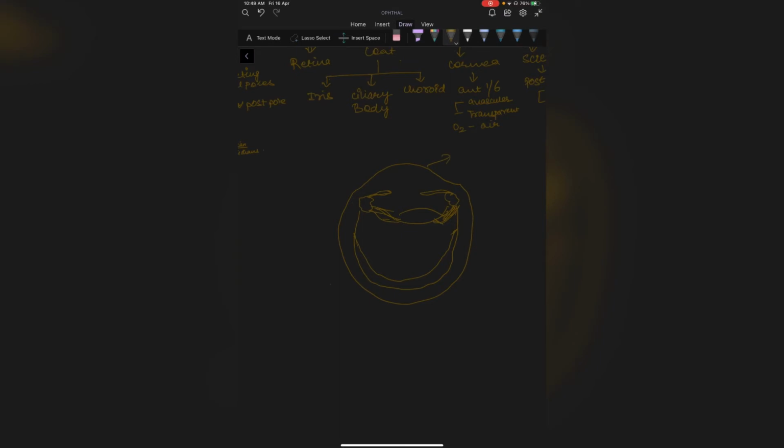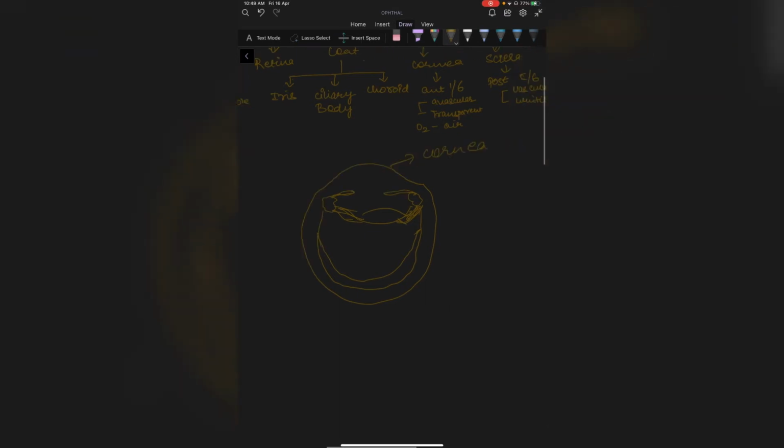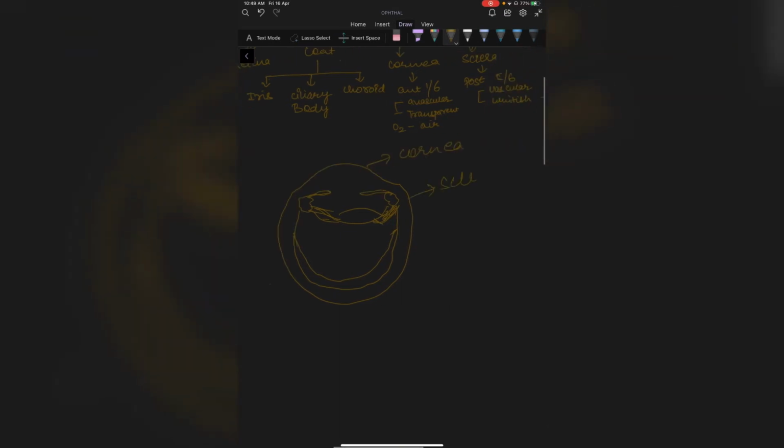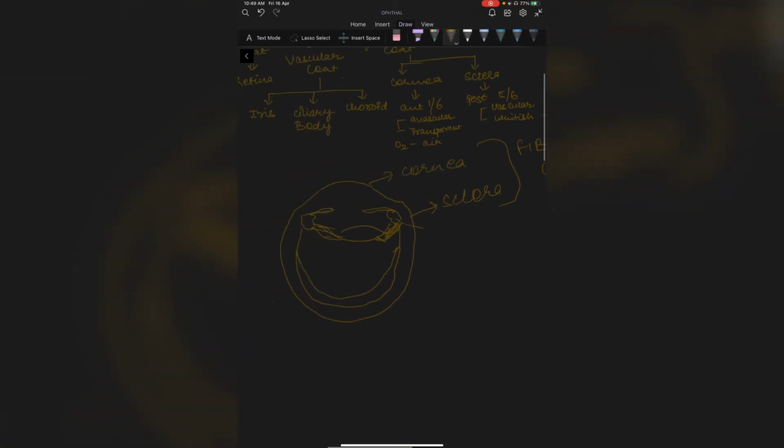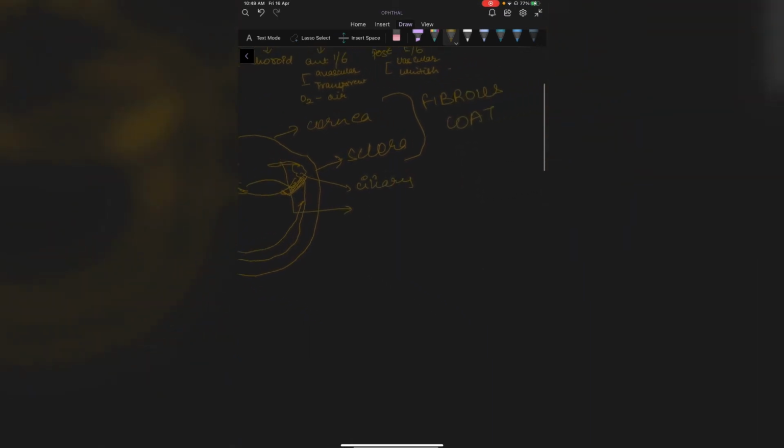This is just a rough representation. This is your cornea, part of the fibrous layer, and the sclera, which together form the fibrous coat. The lens does not come in the coats of the eye, so I am not naming it, nor the zonules. The ciliary body, iris and choroid together form your vascular coat.